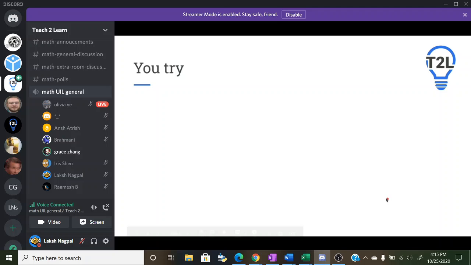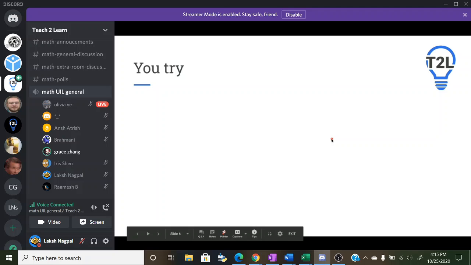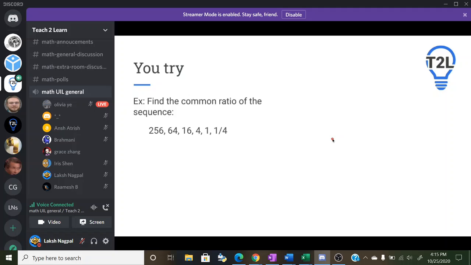Here are some examples that you can try. This one has 256, 64, 16, 4, 1, and 1/4. If you want, type it in the general discussion.